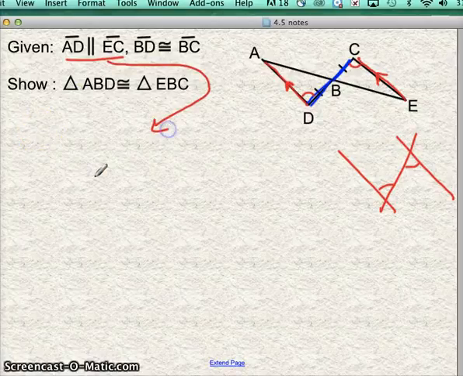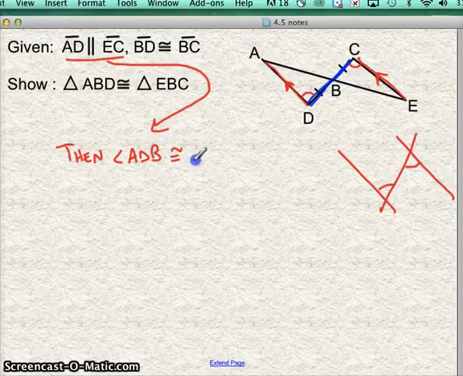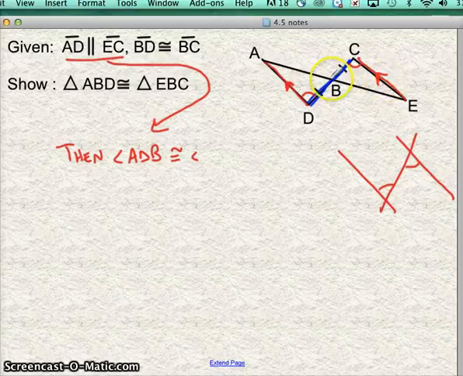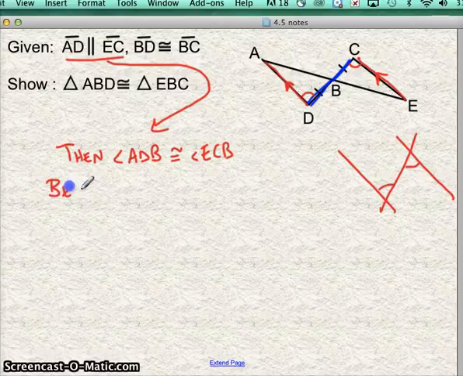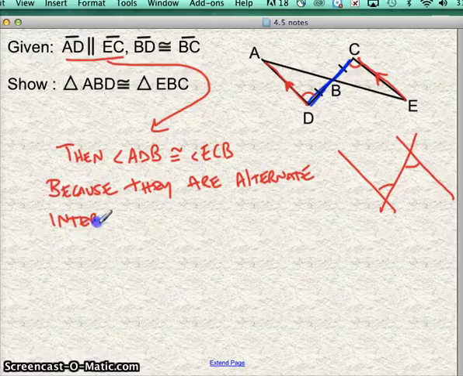Okay, so since those are parallel lines, then angle ADB would be congruent to angle ECB because they are alternate interior angles.